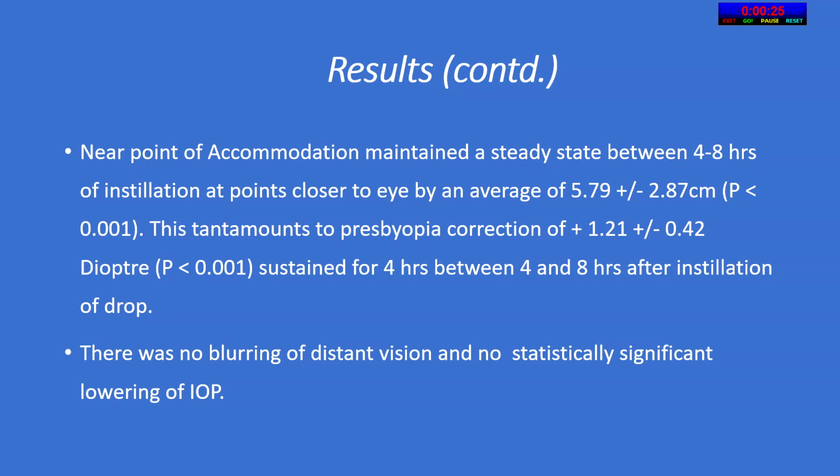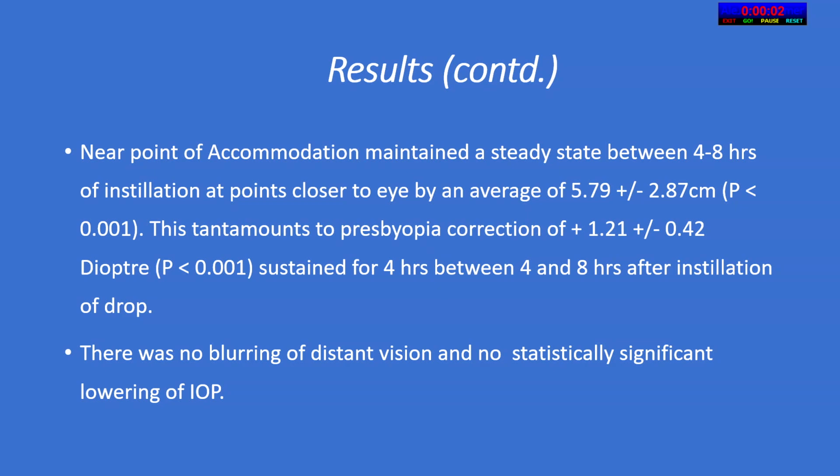So, near point of accommodation maintained a steady state between 4 to 8 hours of instillation at a point closer to the eye by an average of 5.79 centimeters. This amounts to presbyopia correction of plus 1.21 diopter sustained for 4 hours, between 4 and 8 hours after instillation of the drop.